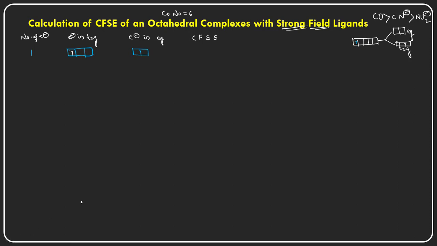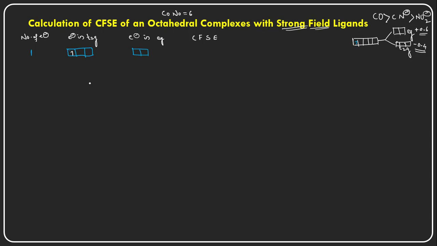And what is the crystal field stabilization energy? This is minus 0.4. Whatever electron enters the t2g orbital, each electron acquires a minus 0.4 energy, and the eg orbitals gain a plus 0.6 energy.